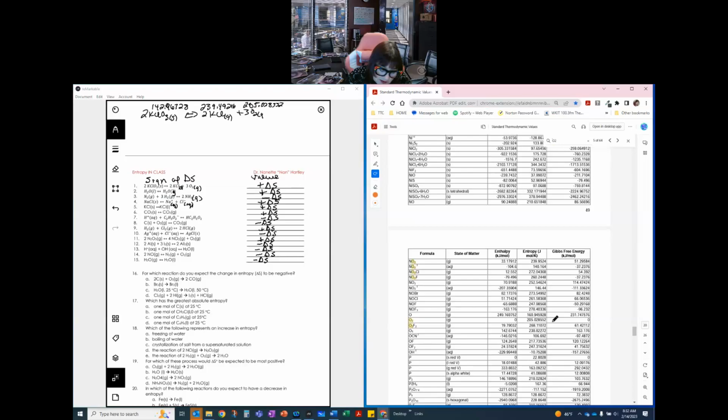And so if I were to look at my delta S, that's equal to the sum of the stoichiometry of the products minus the sum of the stoichiometry of the reactants.